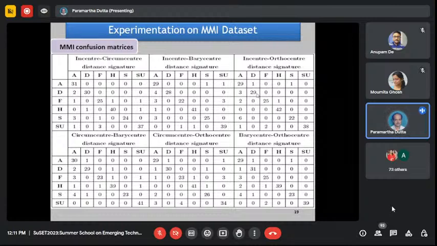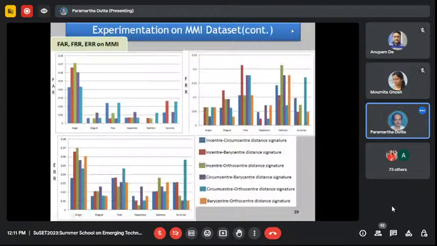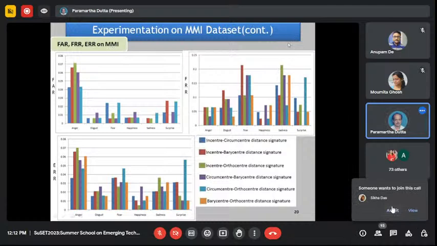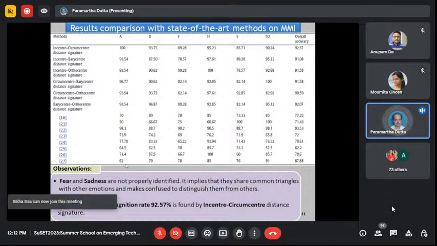This is the MMI data set, yet another benchmark data set. This is the performance metric, FAR, FRR, ERR, on MMI. And this is the result comparison on MMI.